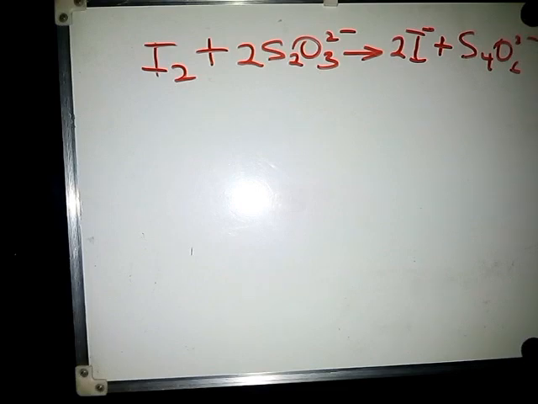But remember, your A is the thiosulfate, and we're only given the mass concentration of A. Remember, mass concentration is the same thing as gram per dm cube. You can check back your questions to see.